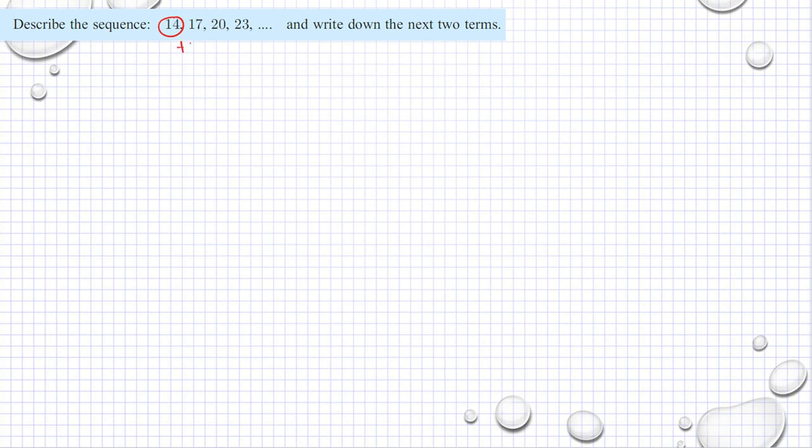That means it adds 3 to the previous term, or it is 3 more than the previous term. Then we're supposed to write down the next two. So we have 23, and then the next term should be 26, and then 29.